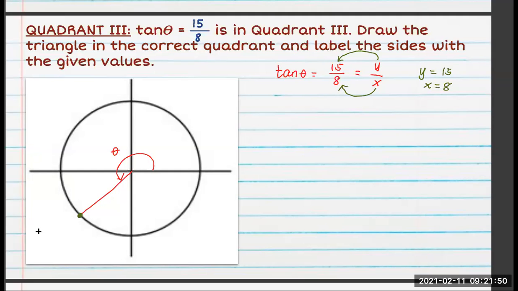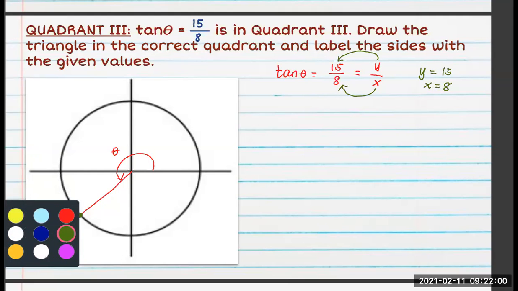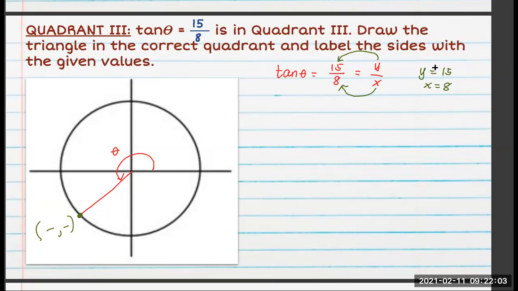Theta is in the third quadrant, so your x would be negative and your y would be negative as well. I will prefix the negative sign to the x and the y because negative divided by negative would still be positive. Negative 15 divided by negative 8 would be positive 15 over 8. You follow? So your y is negative 15 and your x is negative 8.